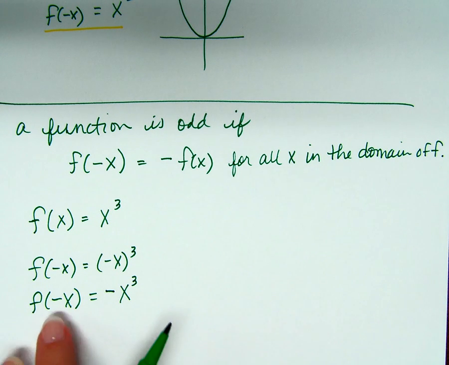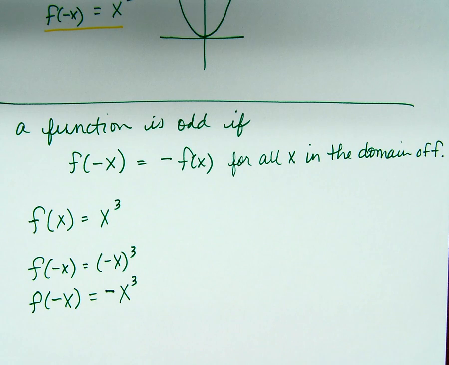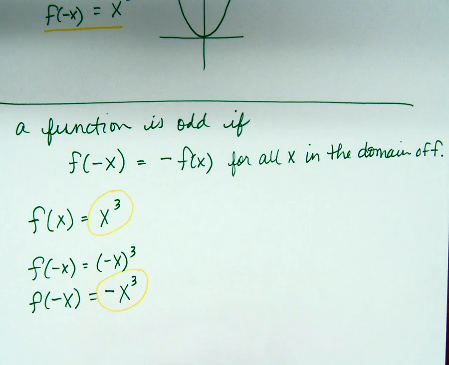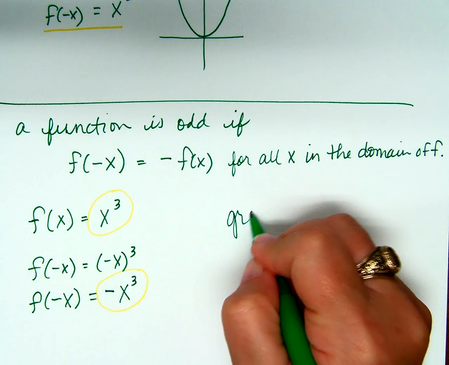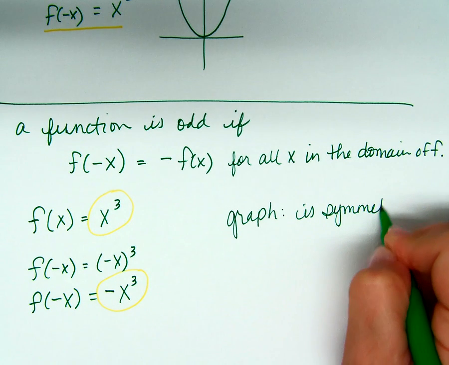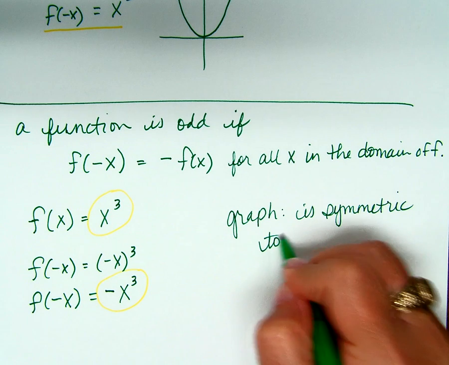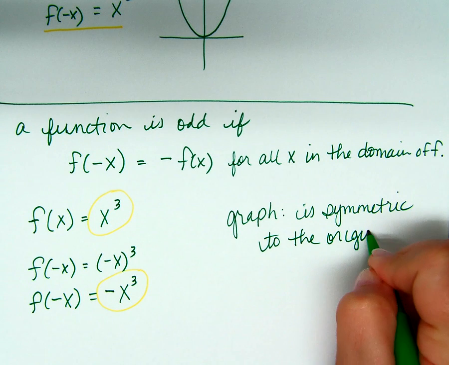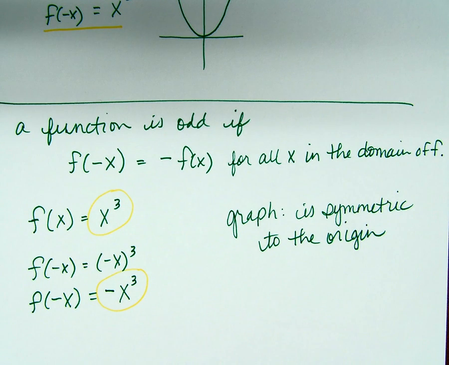Okay, so is this answer, is the value of the function the negative of that one? Is it the opposite of that one? It is, so that is an odd function. Okay, does that make sense? The graph is symmetric with respect to the origin.